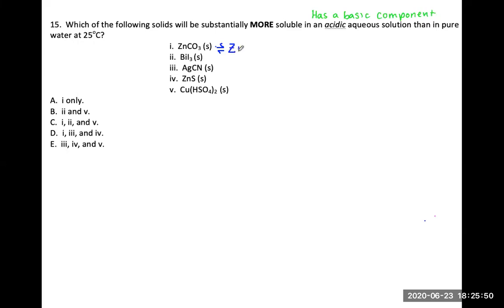Not too many, but still some. Zinc, if anything, is going to be a Lewis acid. It's not basic. But the carbonate ions are definitely a weak base.